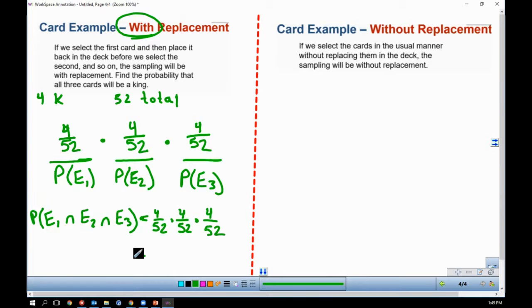Multiply them all together. This time I want our answer to 6 decimal places. 0.0000455.